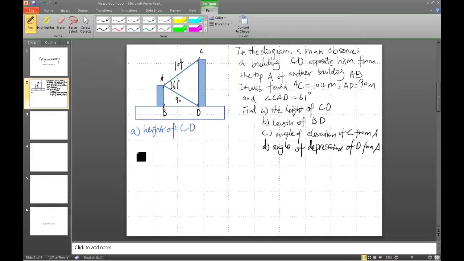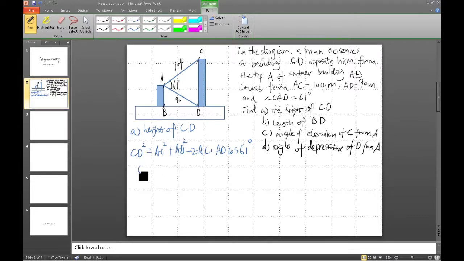If you're familiar with cosine rule, sine rule, and area rule and all, you should be able to identify that we should use cosine rule to find the height of CD. Therefore, we get CD squared equals to AC squared plus AD squared minus 2 times AC times AD times cosine 61 degrees.